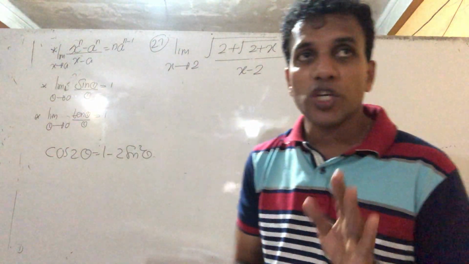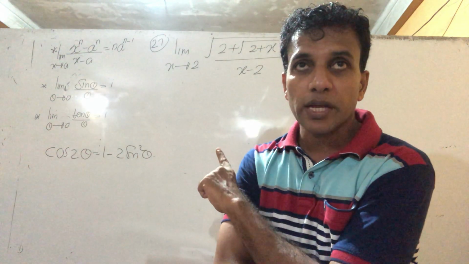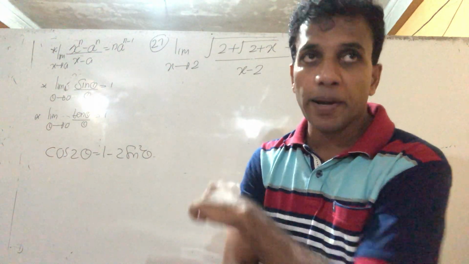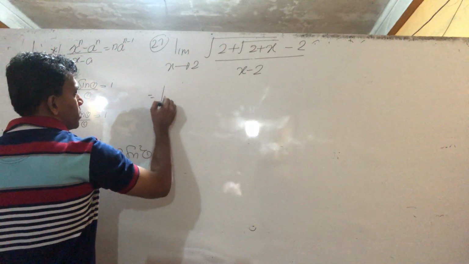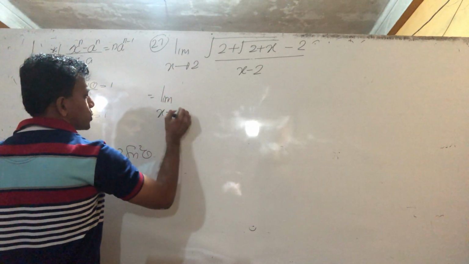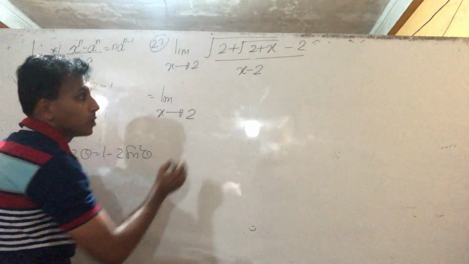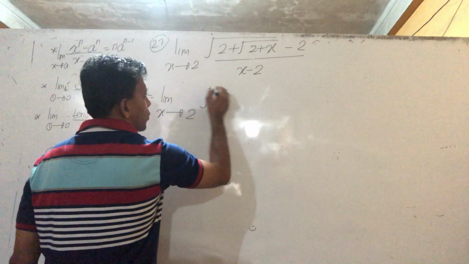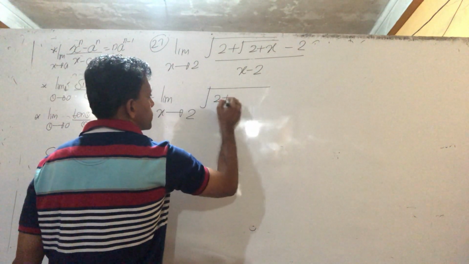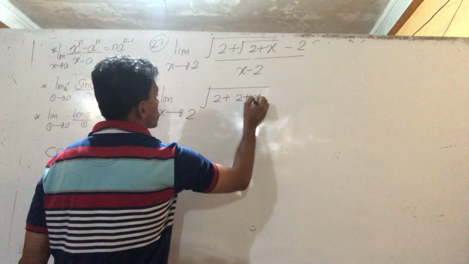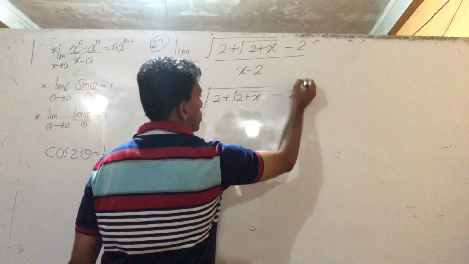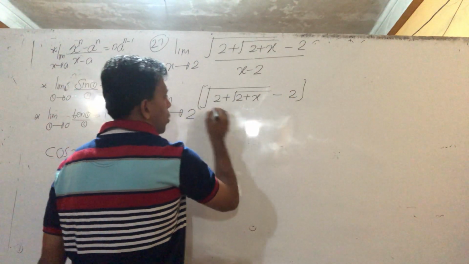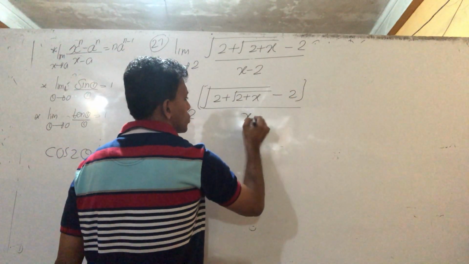We take the conjugate. What is the numerator part? Its conjugate, multiply up and down. Limit x tends to 2, the big square root of 2 plus square root of 2 plus x, minus 2, over x minus 2.